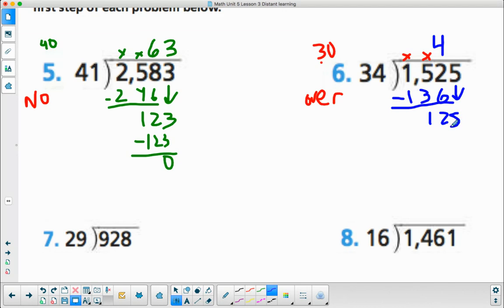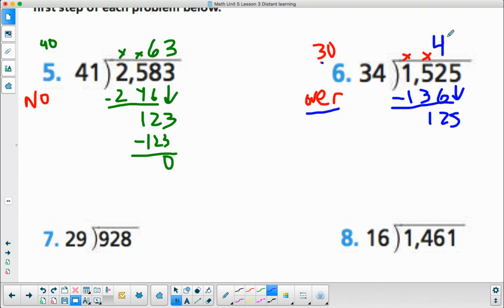125 divided by 34. Well, I know there are 4 3s in 12, so I think there's 4 30s in 125, but I know there's not 4 34s because that was 136. So that would have been another overestimate.